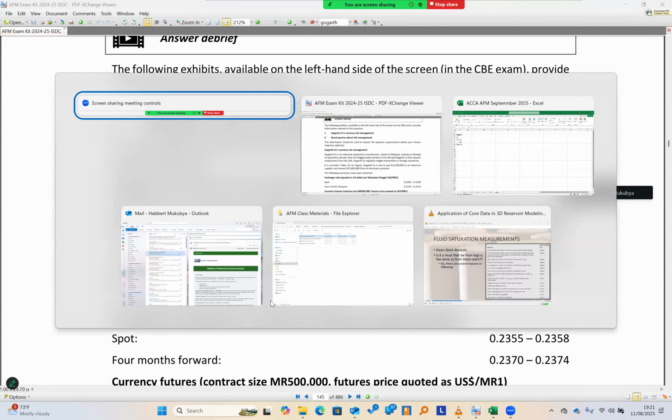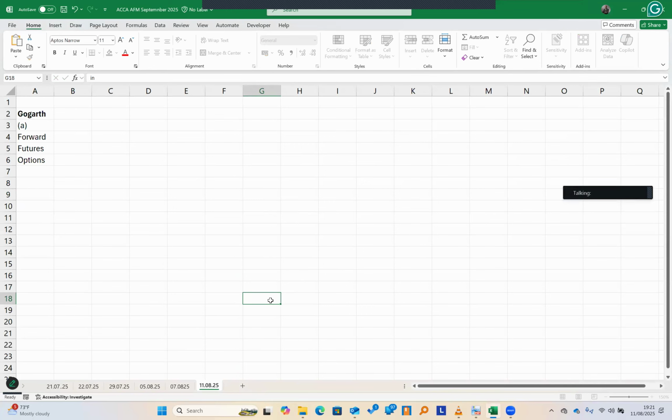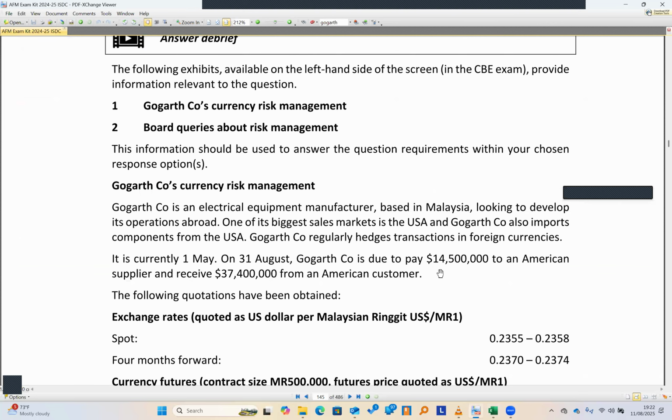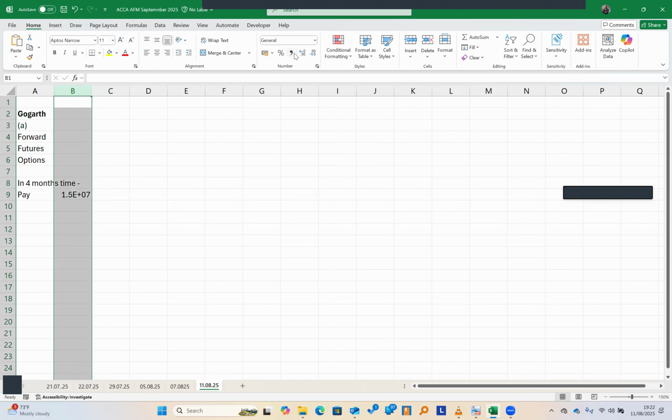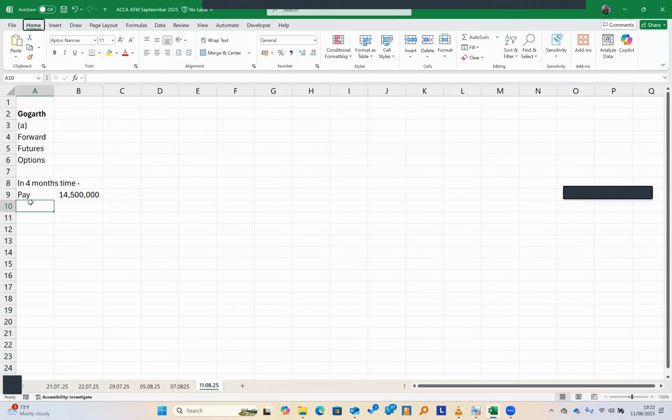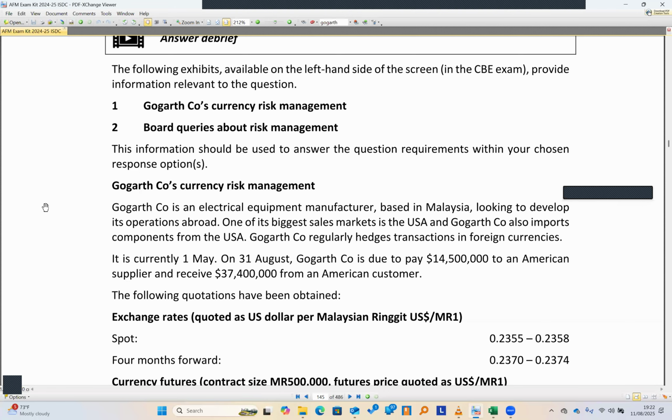So in 4 months time, first of all, we are expecting to pay 14.5 million and receive 37.4 million.